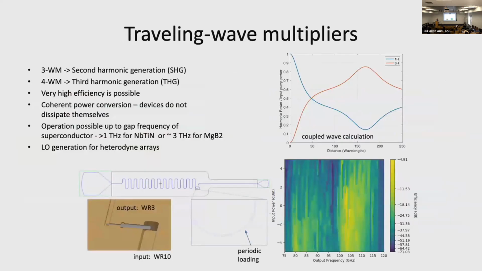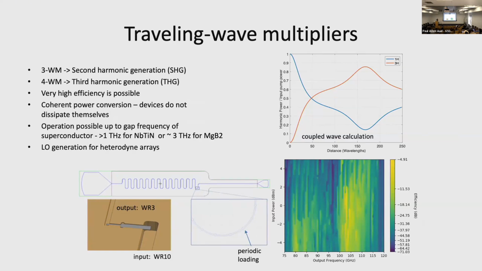All right, and then another type of device that we've been playing with is a traveling wave multiplier. Here, we've demonstrated a multiplier between about 33 and 100 gigahertz, and showed that we could get reasonably high efficiency out of it.